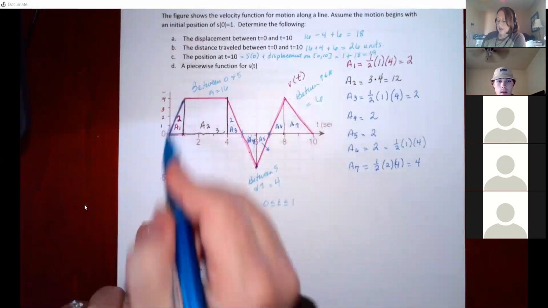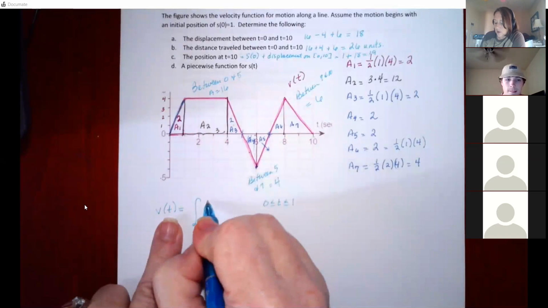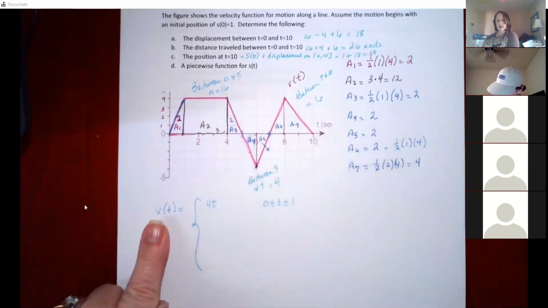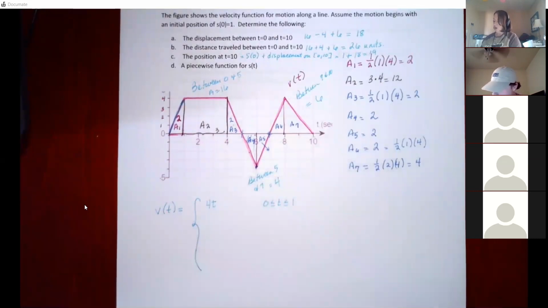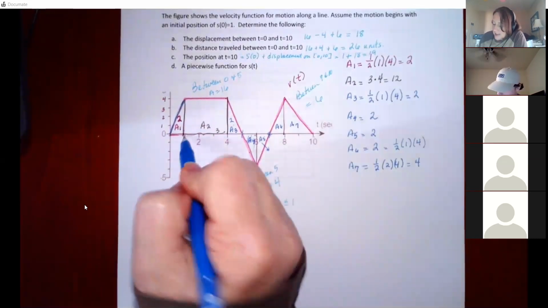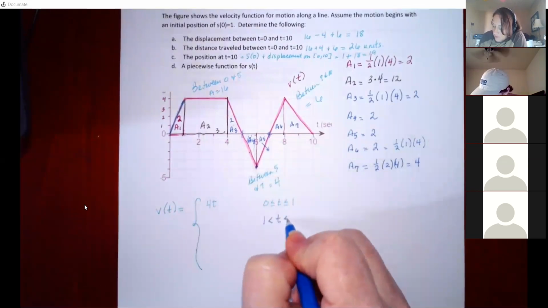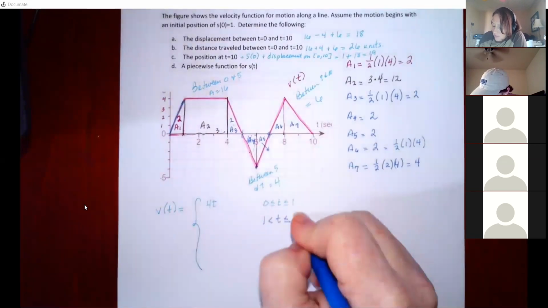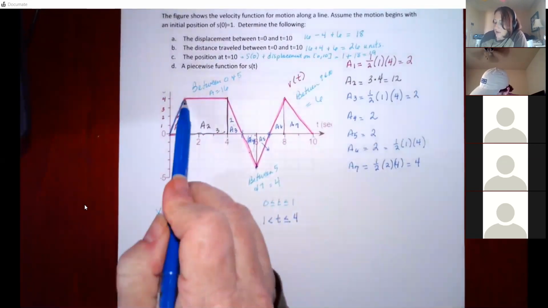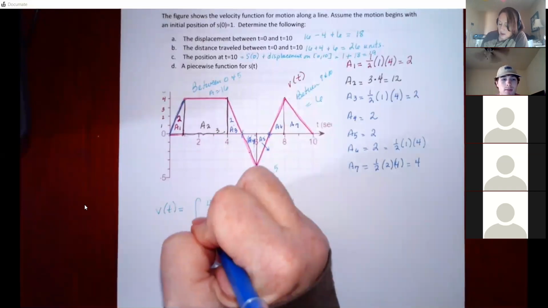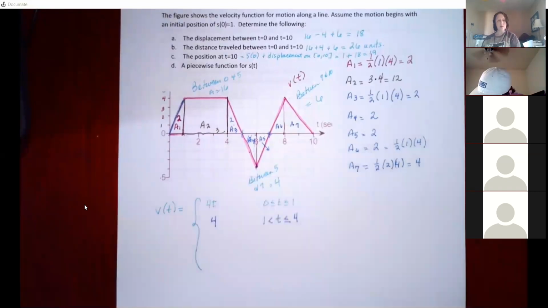So for that interval, our velocity function will be just 4t. Between t equals 1 and t equals 4, what is our velocity constantly at? It's just 4, isn't it? Yes, it'll just be a constant 4 on that interval.